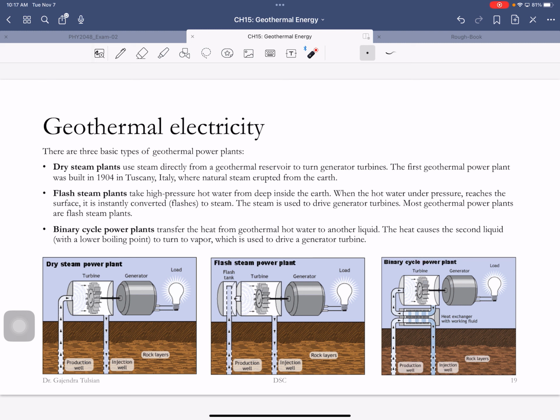Binary cycle power plants are where the water coming up is not super hot. So what you do is, let's say you bring up the water and then you can vaporize, let's say, alcohol. What you need is vapors to turn this turbine. If you have a source that is not too hot, you vaporize another fluid that has a lower boiling point, like alcohol or something, and that turns the turbine.